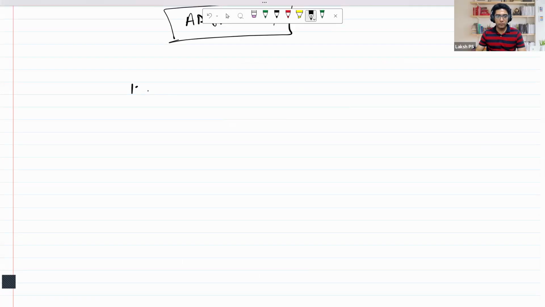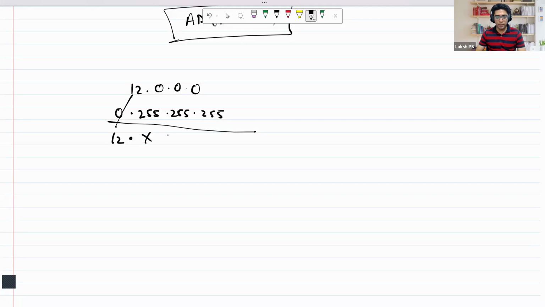12.0.0.0 and the wildcard mask is 0.255.255.255. So how does the wildcard mask work? Wherever there is 0, check that number and ignore the rest of the octets. So what OSPF is doing is checking for any interface that starts with the IP address 12.